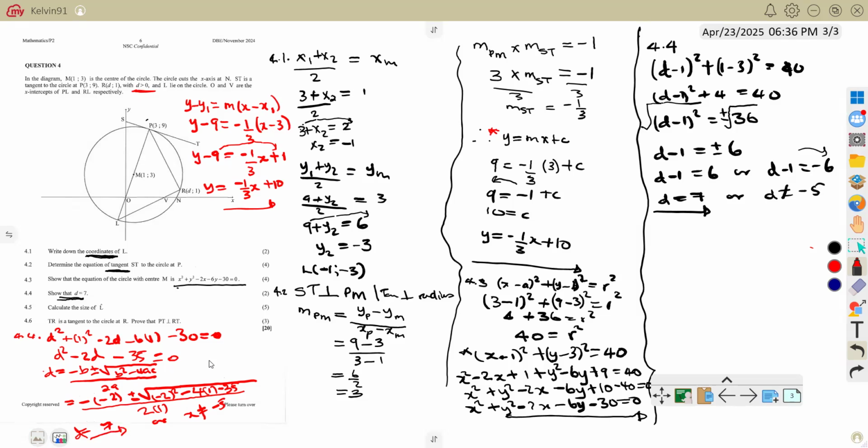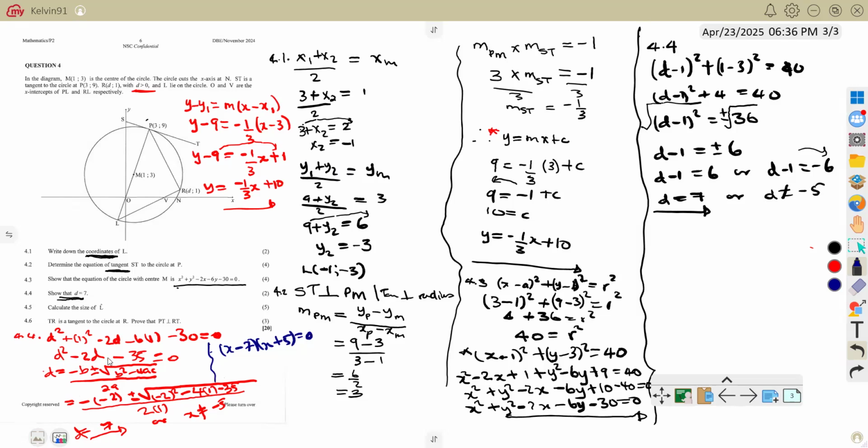For those who wanted to use factorization, when we are here, the factors were going to be x minus 7, x plus 5 equal to 0. We want two numbers.